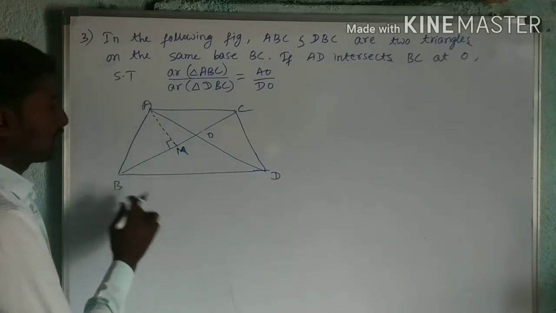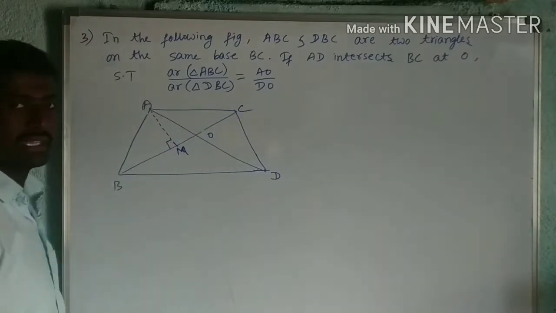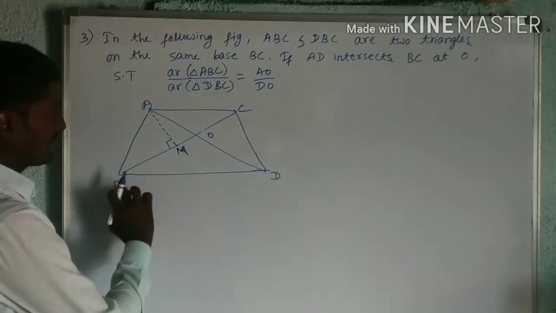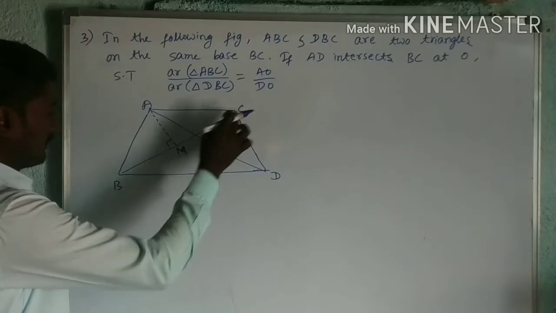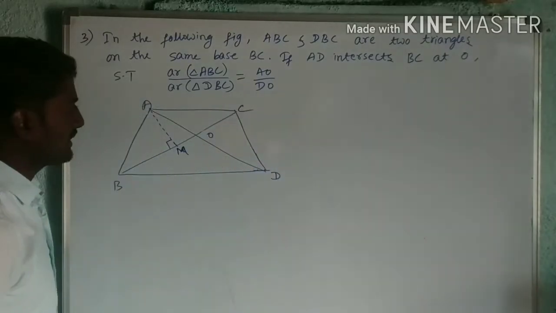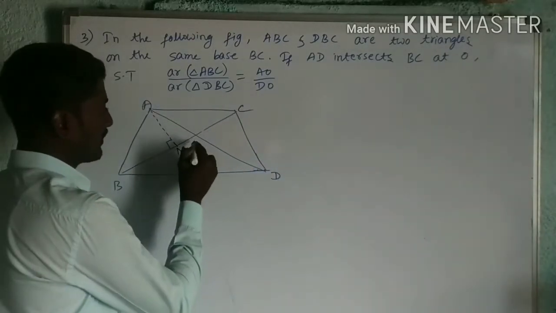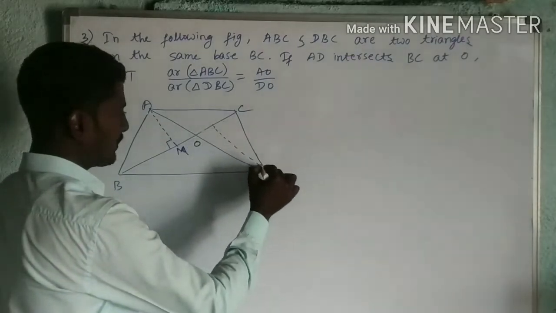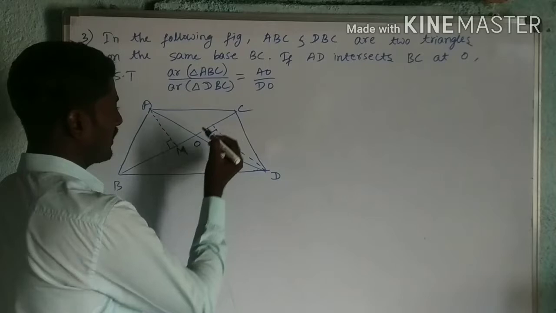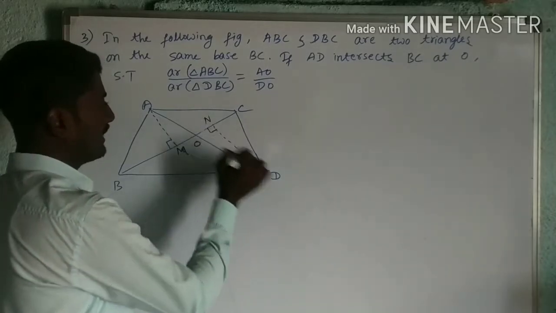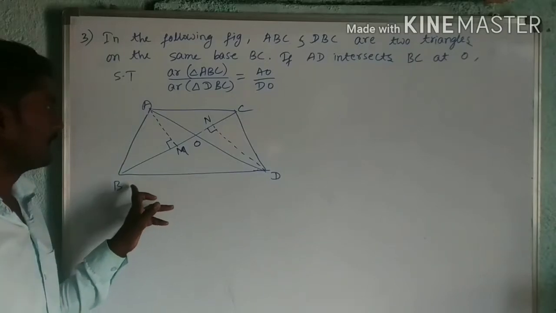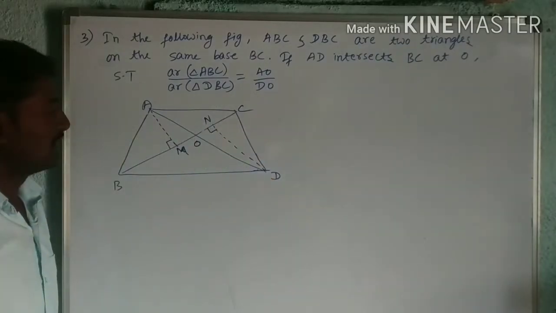AM is the perpendicular to BC from the point A. And similarly, for this triangle BDC, I will draw a perpendicular from D. This is N. DN is a perpendicular for the triangle BDC.